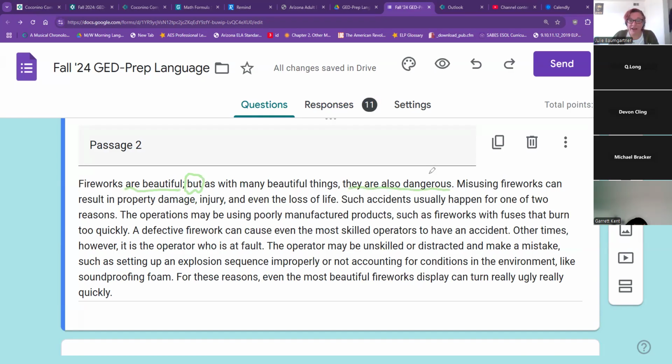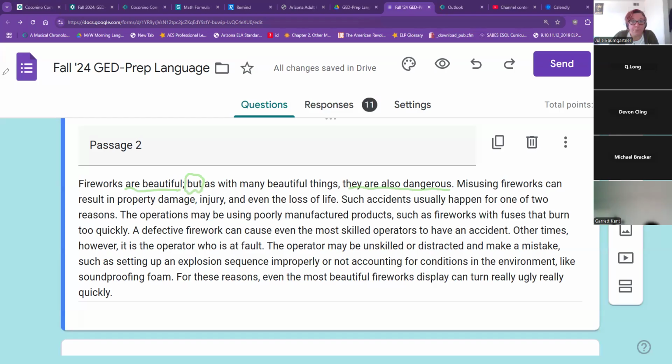And then hopefully you see right away that from this idea of "they're dangerous," it goes into cause and effect. Would you say this passage is mostly focused on causes or on effects? Do we have one cause with multiple effects, or an effect that has multiple causes?